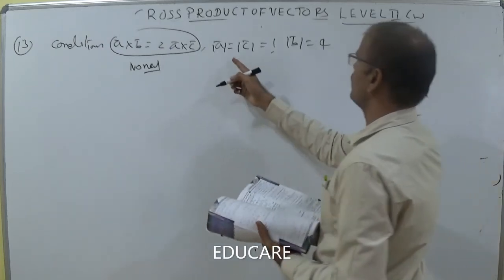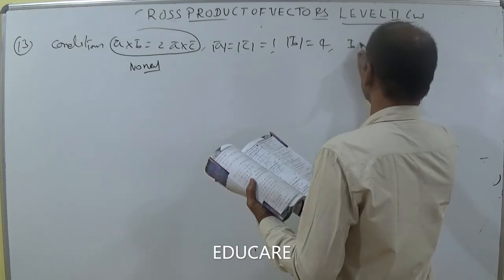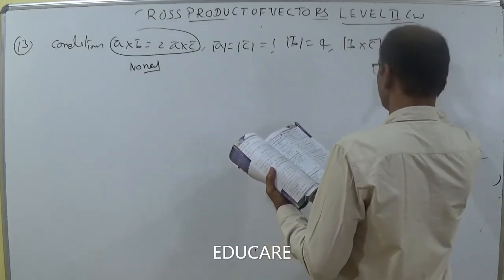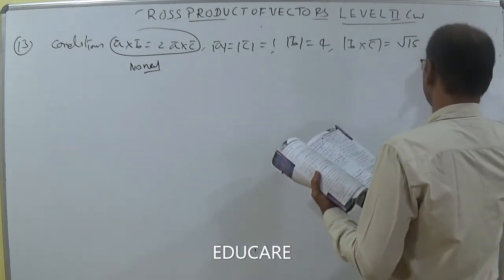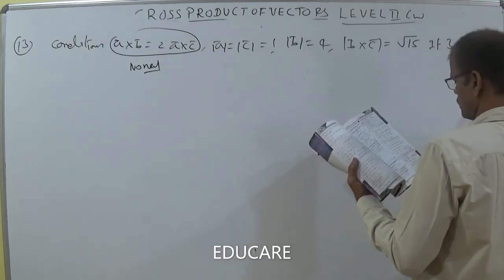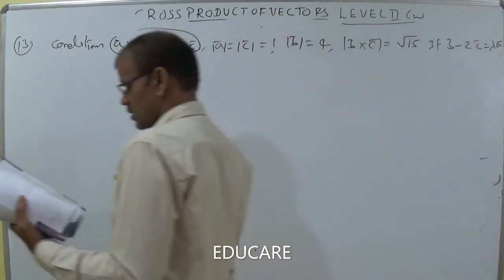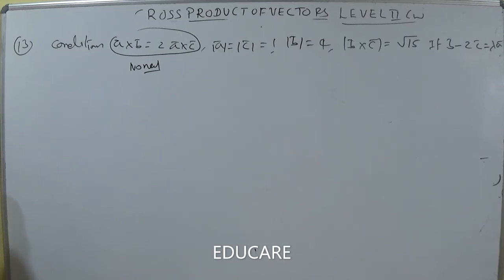The conditions are mod A equal to 1, mod C equal to 1, mod B equal to 4, and also the condition modulus of B bar cross C bar is equal to root 15. The question is B bar minus 2C bar is equal to lambda A bar, then what is the value of lambda?